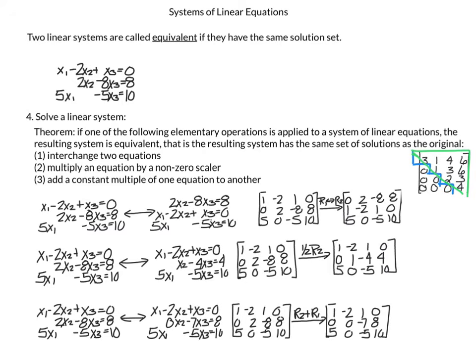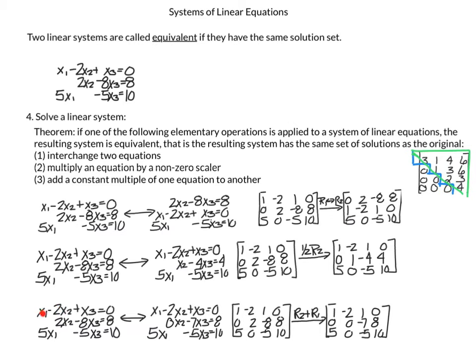The last row operation is to add a constant multiple of one equation to another. So here what I did, I added these two equations, and I replaced the second equation with this addition. So my first and third rows are the same, and my second equation is replaced with R1, the first row, plus the second row.